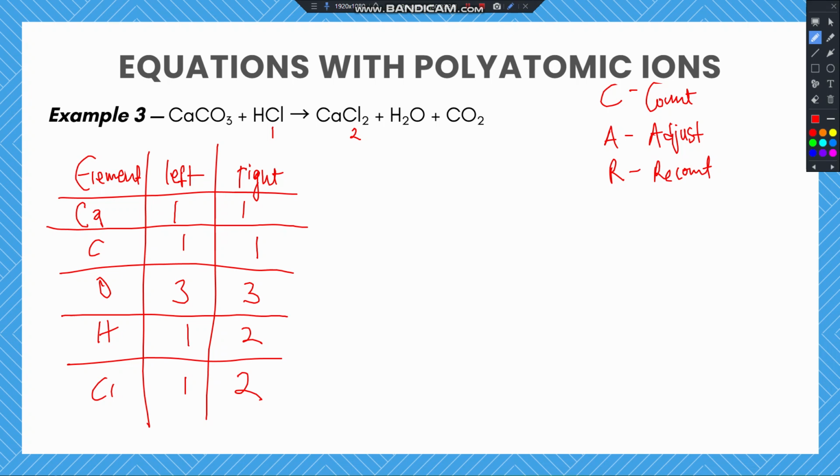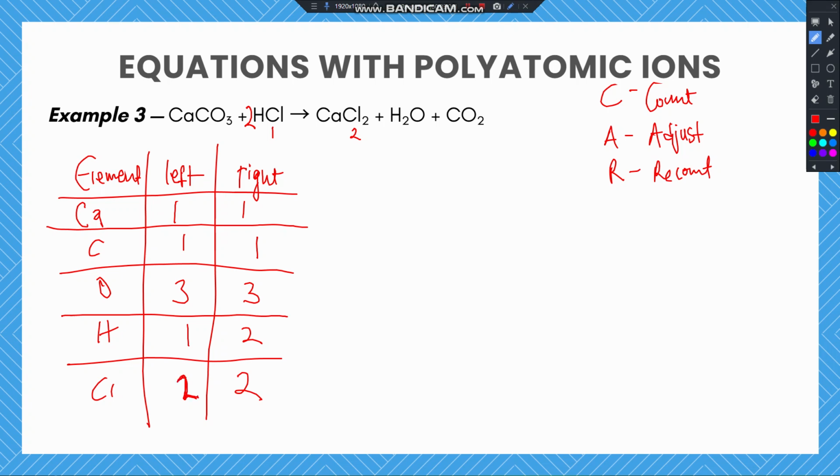So what do we do? Well, it's quite easy. We introduce a coefficient of 2 in front of HCl. That way, we've changed chlorine from 1 to 2 on the left hand side. That way, we've balanced chlorine.